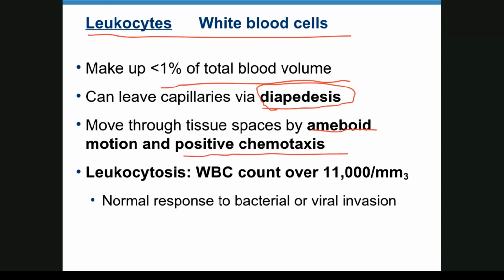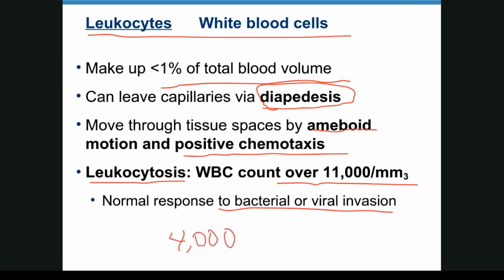Leukocytosis is when your white blood cell count is too high, over 11,000, and it's generally caused by bacterial or possibly viral invasion. Leukopenia is when you have a low white blood cell count. Say if it's 4,000, you have not enough white blood cells.